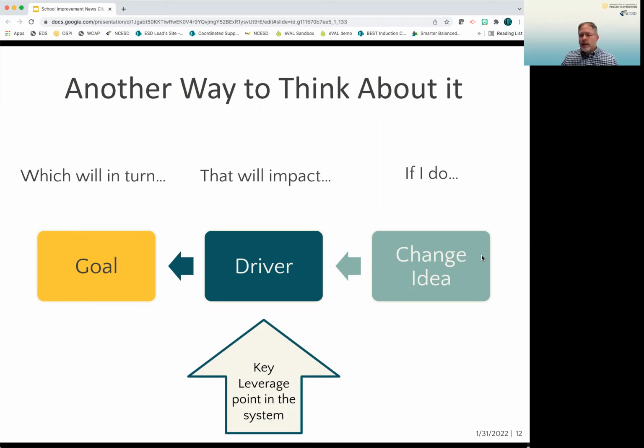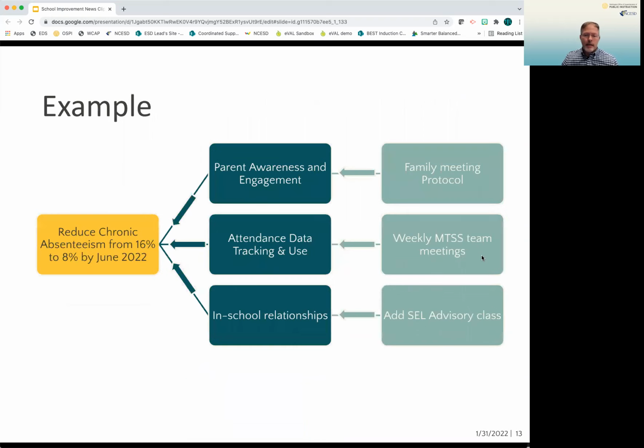When completed, a driver diagram expresses a theory of learning that can be tested and monitored for impact in your system. In this example, moving from left to right, the driver diagram tells us how to achieve the aim or goal statement. Moving from right to left, the driver diagram tells us why we are implementing a particular change idea.